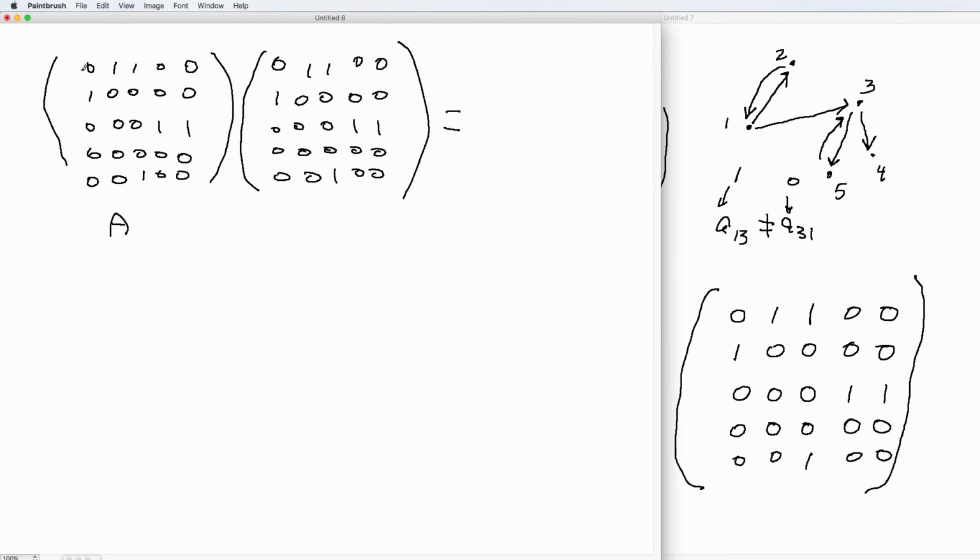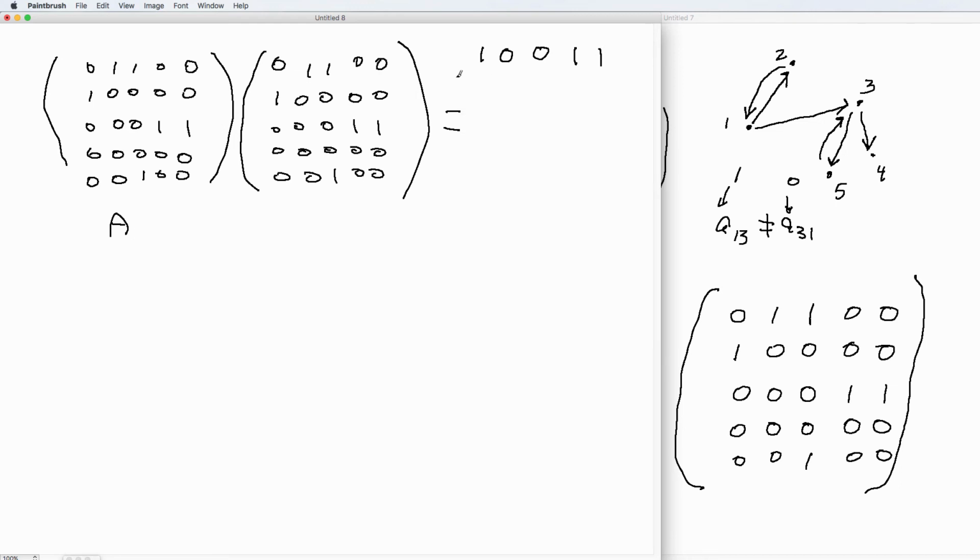So when I come over and multiply these things, I'm going to multiply this times that, and it looks like I'll get a 1. And then I'm going to come over here and multiply this times this, and it looks like I'm going to get a 0. And likewise, notice I've got 1, 1 here. Here I've got 0, 0, so that's going to be a 0. Over here I've got 1, 1. I've got to look at it over here. That's going to give me a 1. 1, 1 here, and I'm going to multiply to that. It's going to give me a 1.